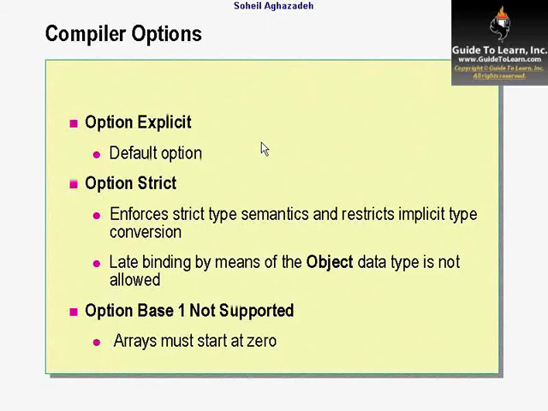And also implicit narrowing type conversion, such as converting a numeric string to an integer or long to an integer, will cause a compiler error. So it is totally up to your design how you would like to go about setting this strict option on or off. By default it is off, as we mentioned.